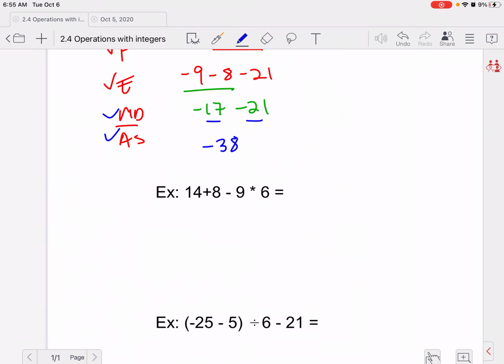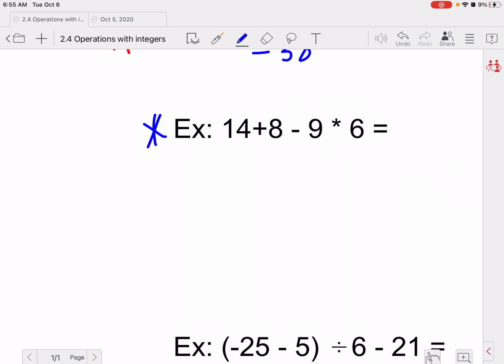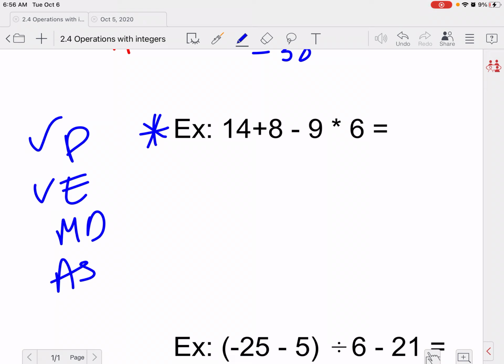Okay, let's go ahead and try this one. Actually, why don't you guys try this one? So again, I'm going to look at PEMDAS. There are no parentheses, there are no exponents. I do have some multiplication, 9 times 6, which is 54, so we have 14 times 8 minus 54. And then the multiplication division is taken care of, so addition subtraction.